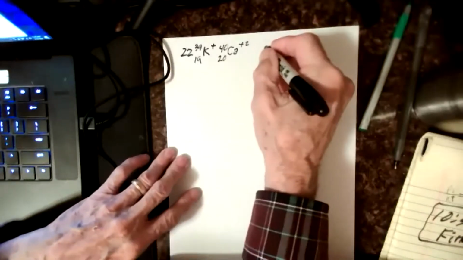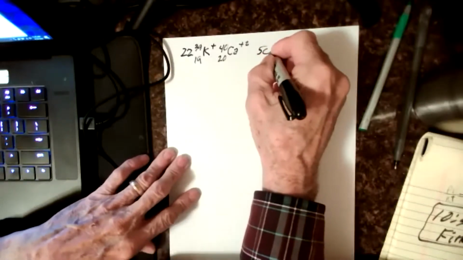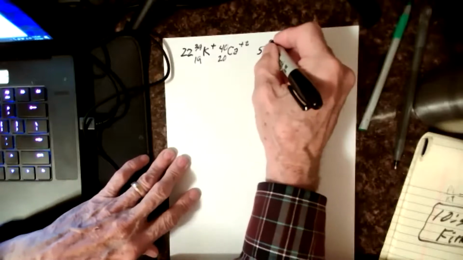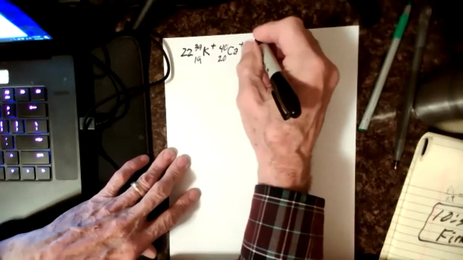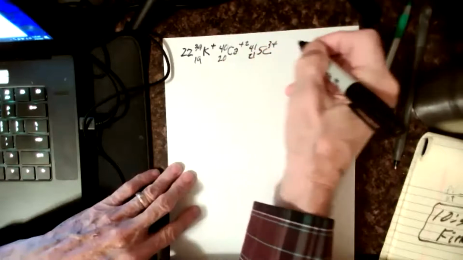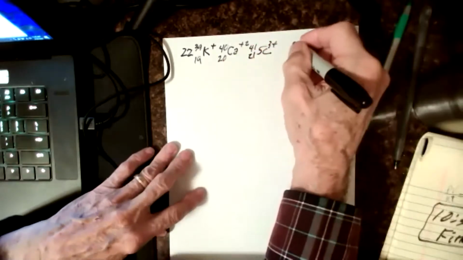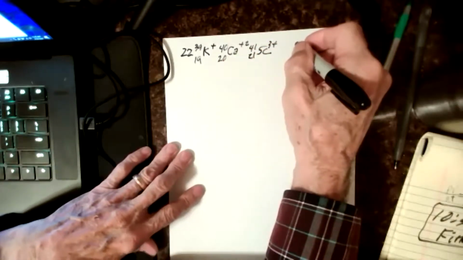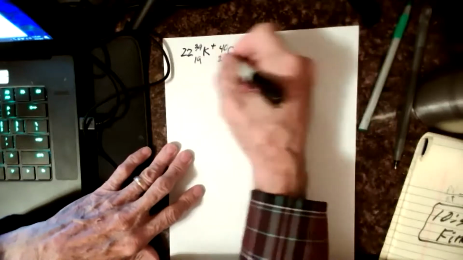The next element was scandium, and scandium is the 3+ ion, and its isotope has mass number 41. And if we look on the periodic table, scandium is element number 21. And that's all, those 3 isotopes.